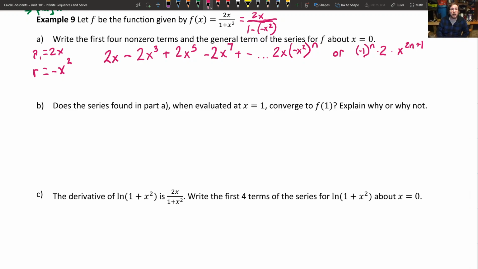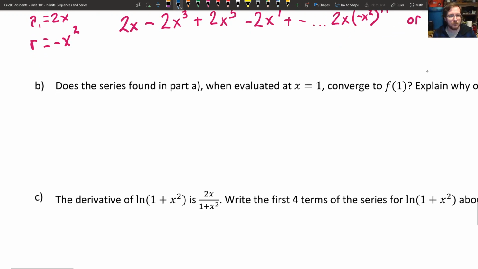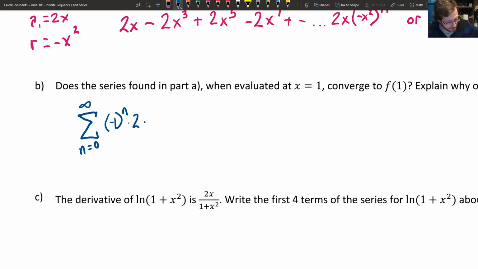All right, so our series, which was as n equals 0 up to infinity, the sum of all the terms, let's use that last rule, negative 1 to the n times 2 times x to the 2n plus 1. Okay, and it says evaluated at x equals 1.